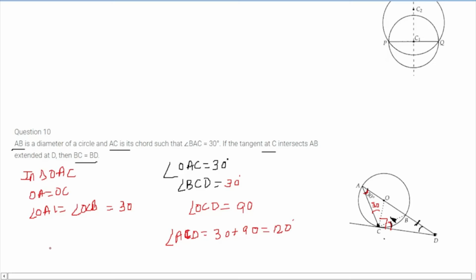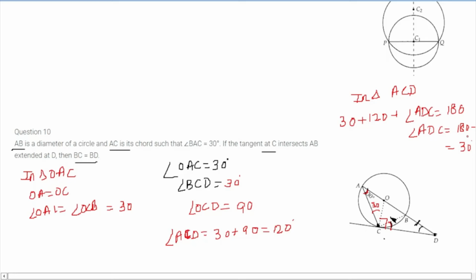Now in triangle ACD, we know that angle A is 30 degrees and angle C is 120 degrees. By the angle sum property, the sum of all three angles is 180 degrees. So angle ADC is 180 minus 150, which is 30 degrees.